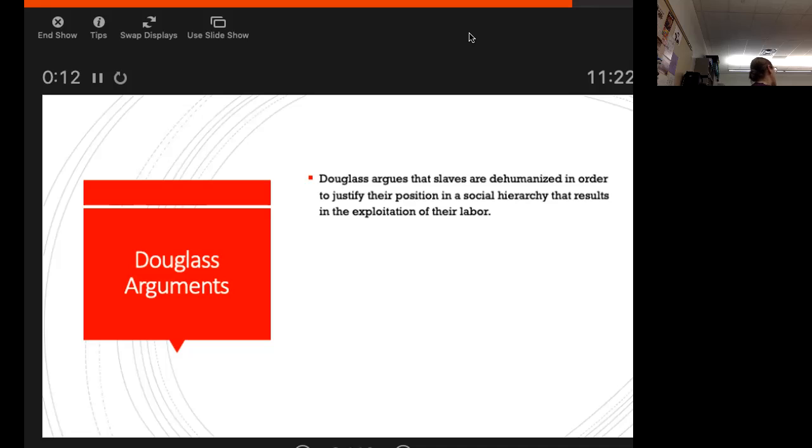That's what's wrong with a vague argument: it can go in so many different ways, so your reader doesn't really know which way you're going to go with it. So for me, I'm going to take it in this direction. I say, Douglass argues that slaves are dehumanized in order to justify their position in a social hierarchy that results in the exploitation of their labor. I've asked the question, why are they dehumanized? And I've answered that question in the argument to make it more specific.